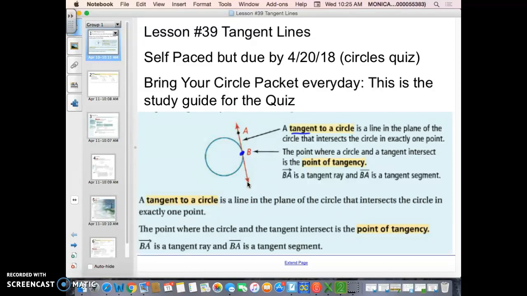A tangent line is a line that hits a circle in exactly one point on the outside of the circle. And this point right here is what we call the point of tangency.